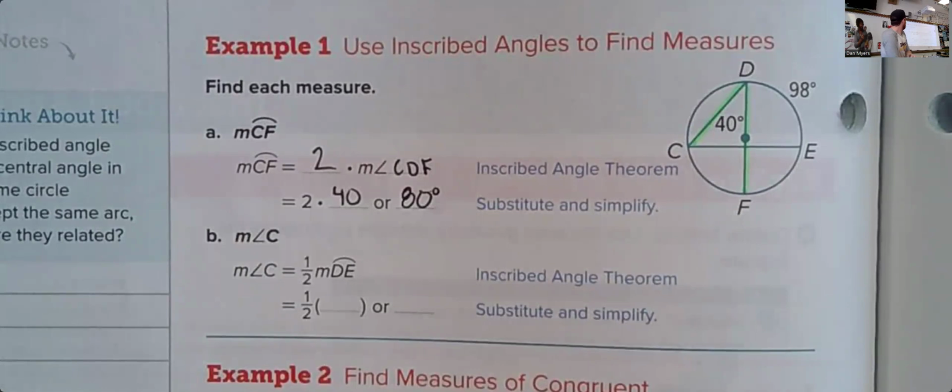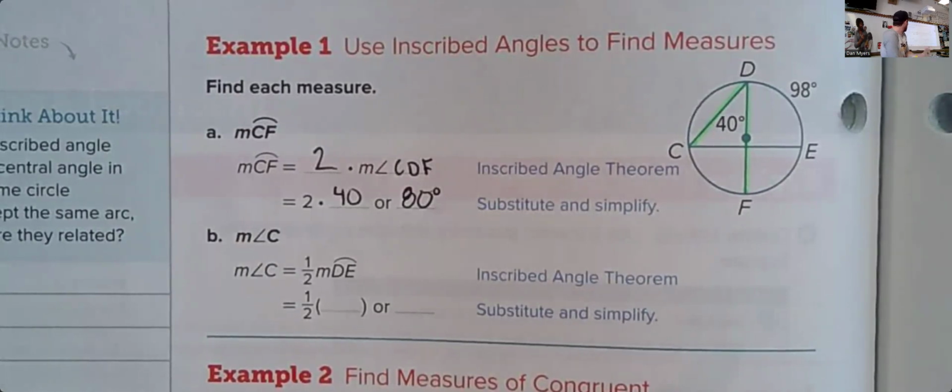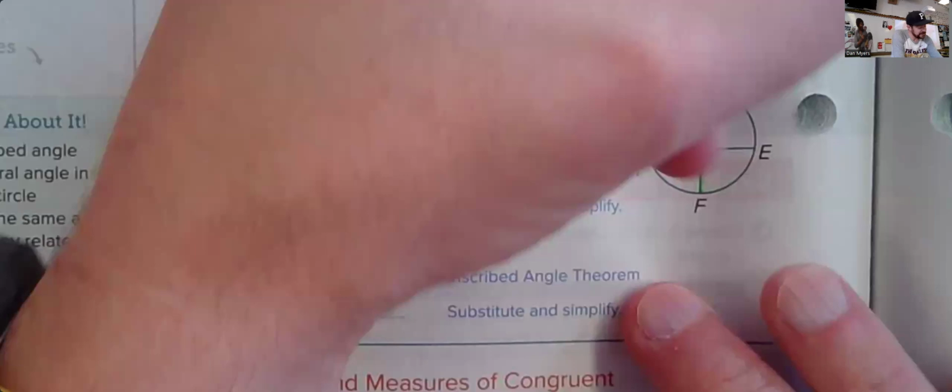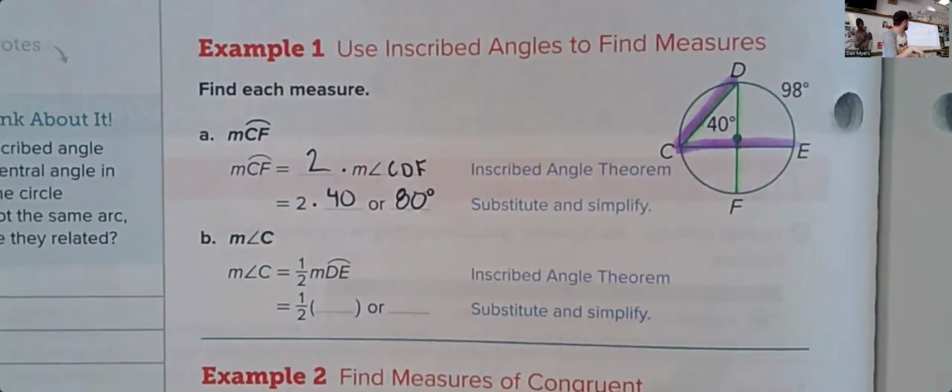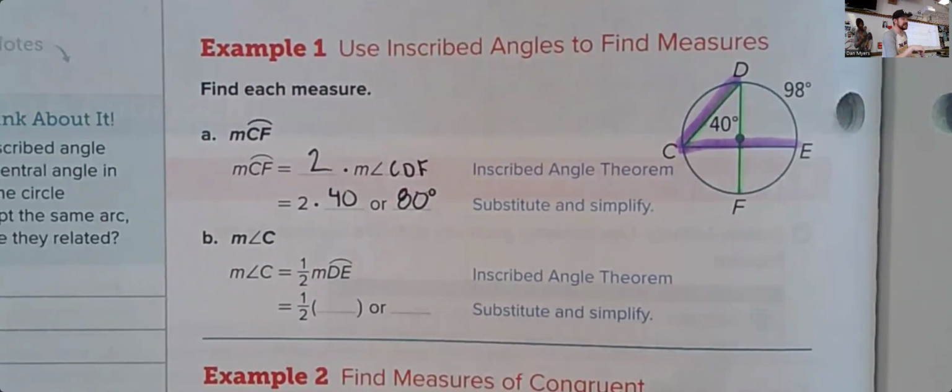All right. So that's our answer for example 1 there. For part B, we're trying to figure out the measure of angle C. I'm going to go ahead and do another highlight here. Angle C is right here. So the intercepted arc with angle C would be arc DE.